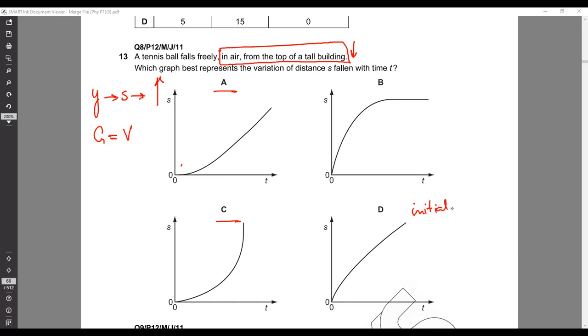So if initial speed is 0, what should be the gradient? In the start, the initial gradient must be 0. Which graph has an initial gradient of 0? Not the y-axis. All graphs start at y equals 0. I'm asking about the gradient. Only one graph has a 0 gradient in the beginning.